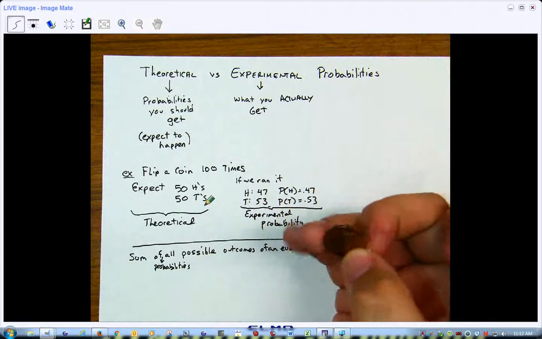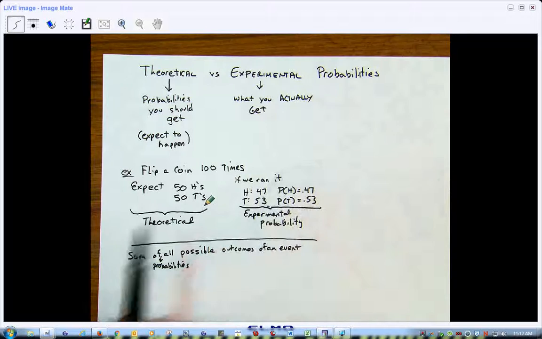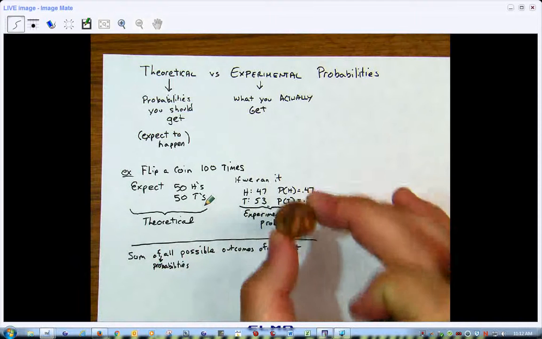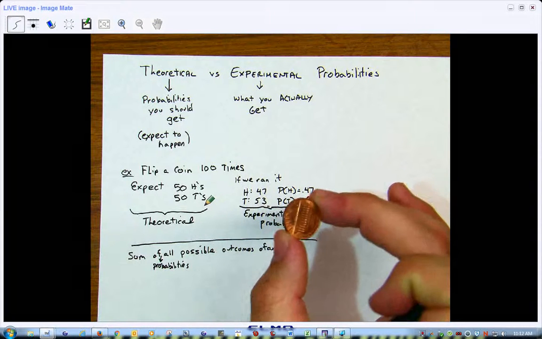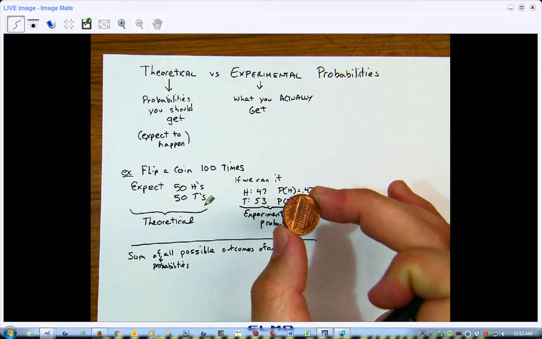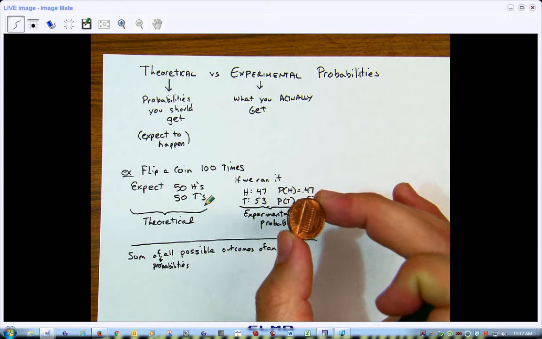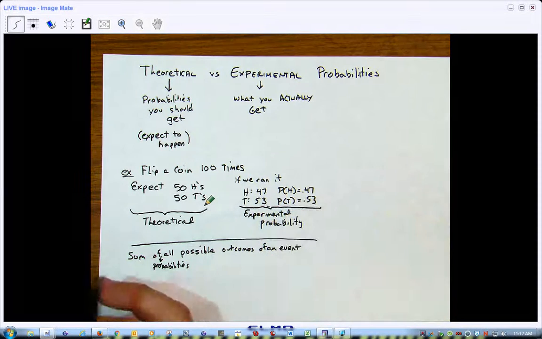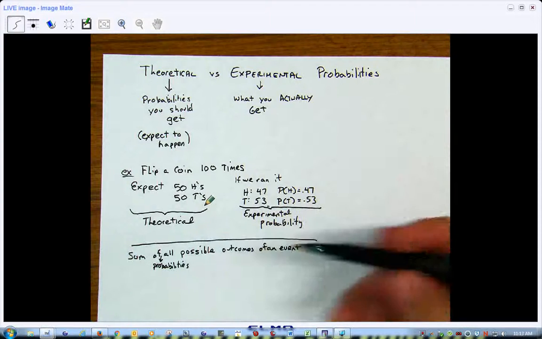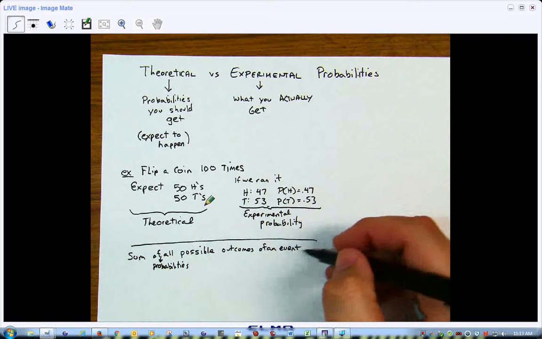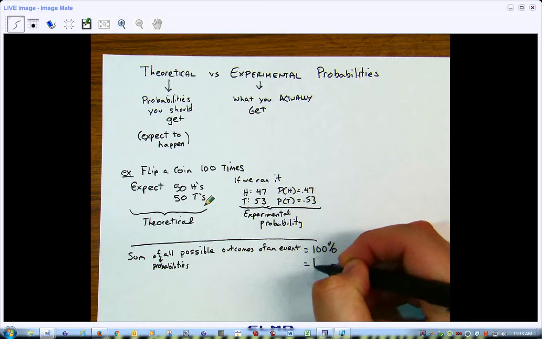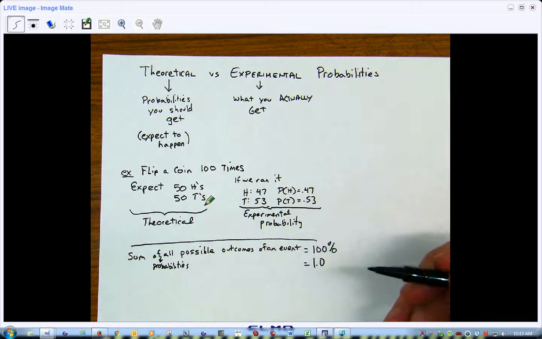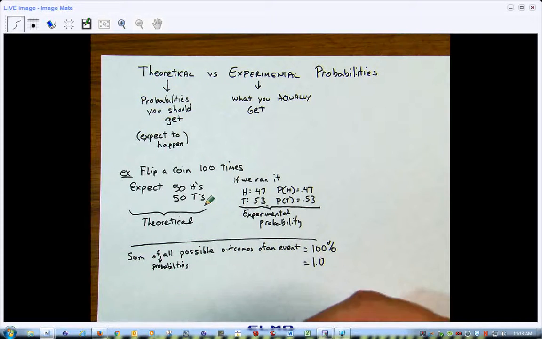Or first off, what are the outcomes for flipping a coin? Heads and tails, which has a probability of 50-50, right? If you add them up together, it's 100%. So the sum is equal to 100%, or it's equal to 1.0. Because a lot of times we don't use probabilities as percentages.